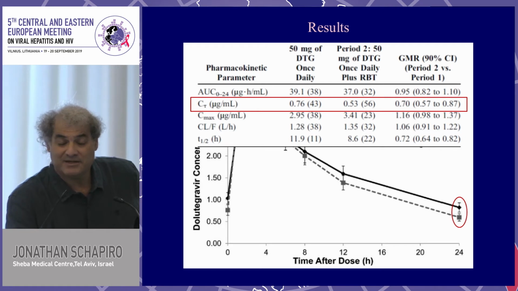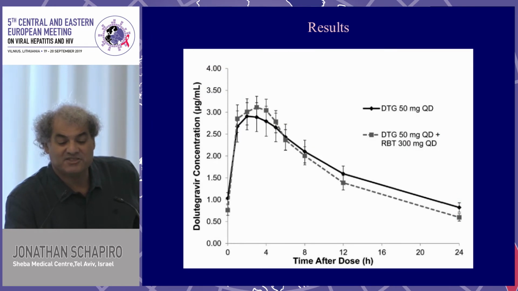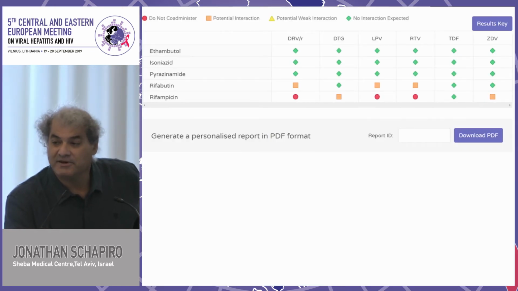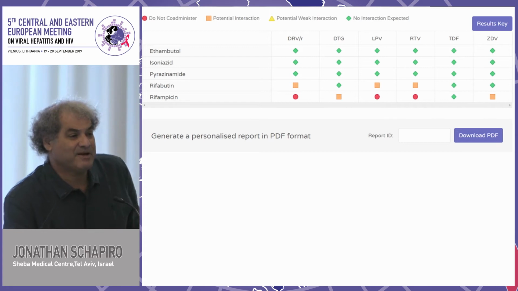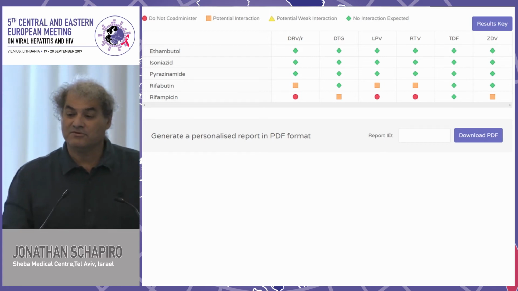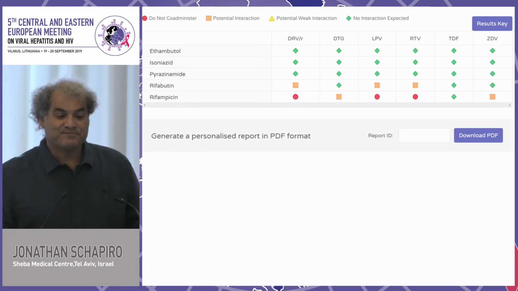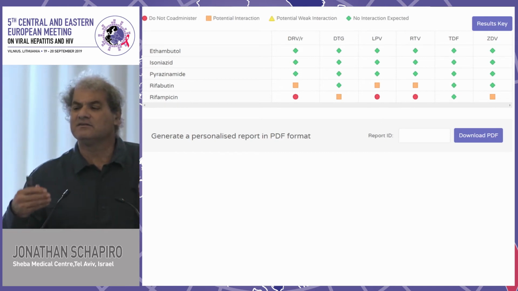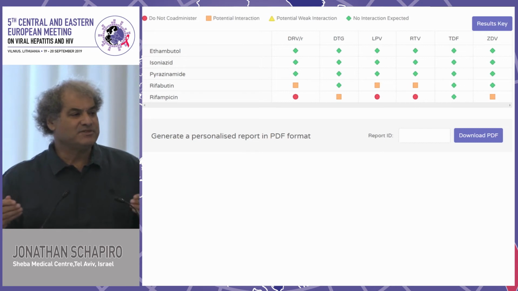So the folks at the Pharmacology database said 30% is fine. You don't have to change the dose, and we'll make it green. So if you have rifampicin, you got to give it twice a day. If you have rifabutin, you can give it once a day. And this is how we're getting clinical guidance from these two systems in managing the patient.